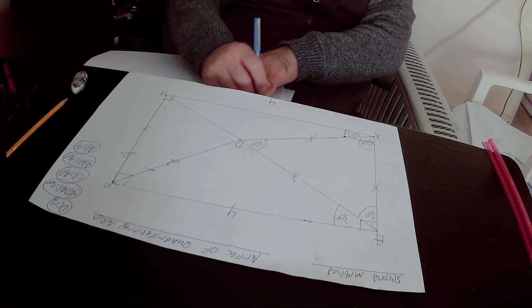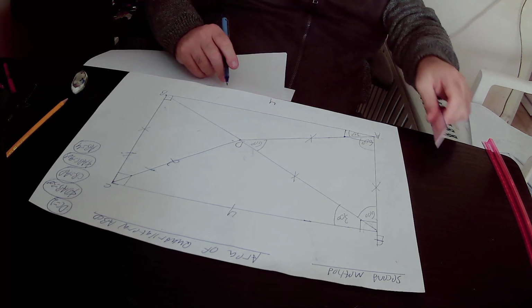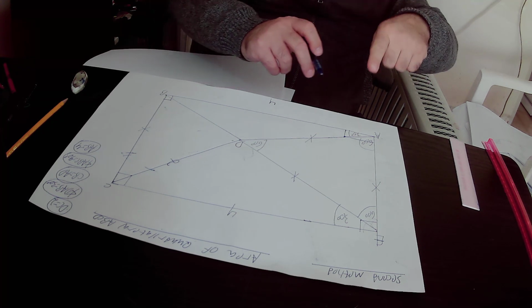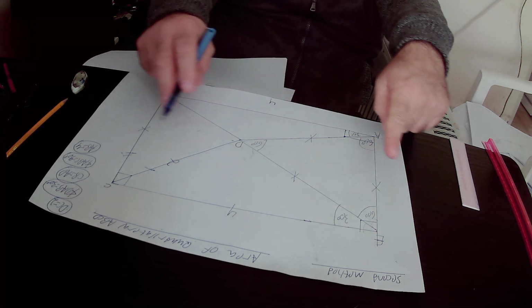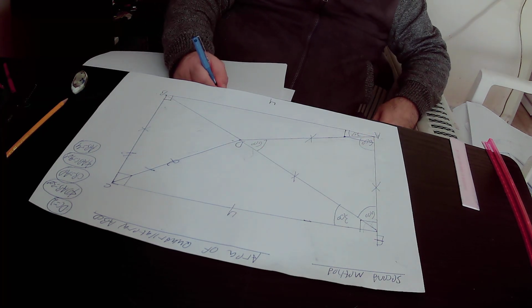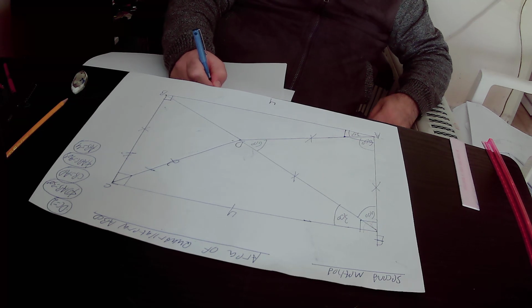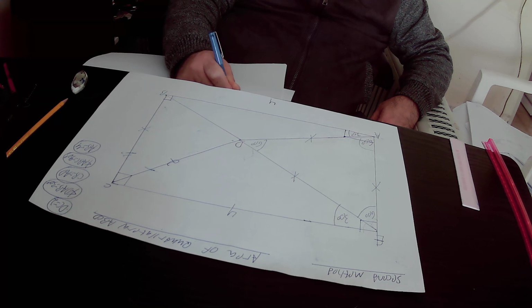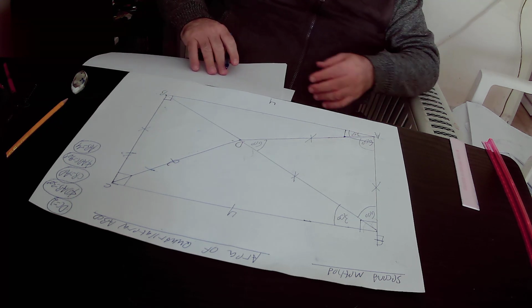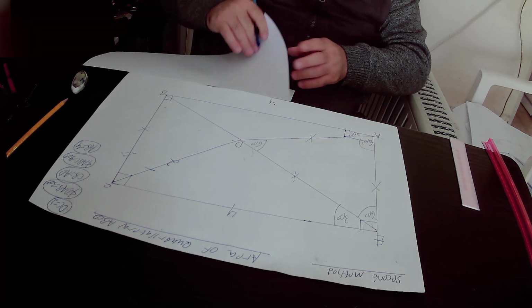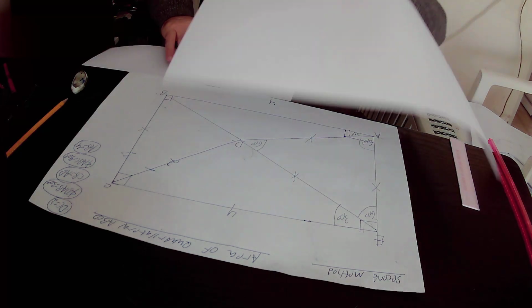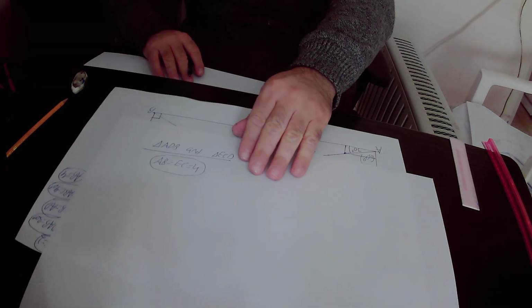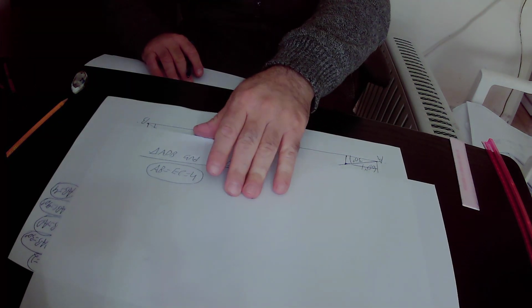So why can those two triangles go into each other? First of all, we know that AB equals EC equals 4 units. I'll repeat again: AB equals EC equals 4 units.